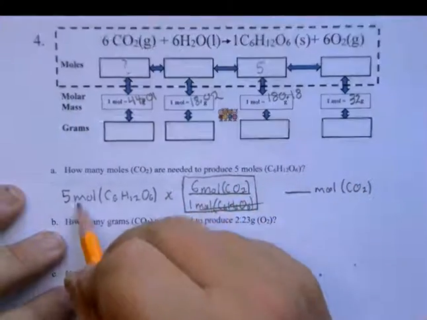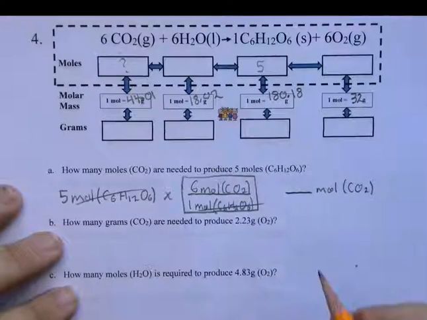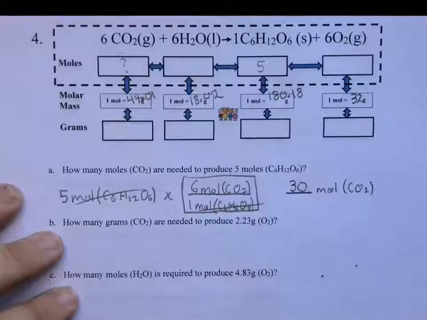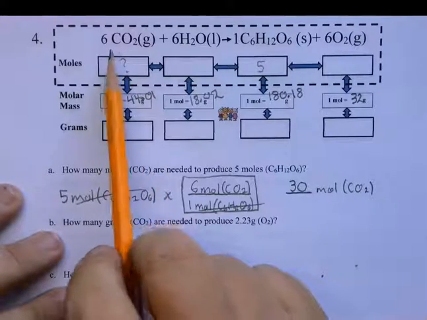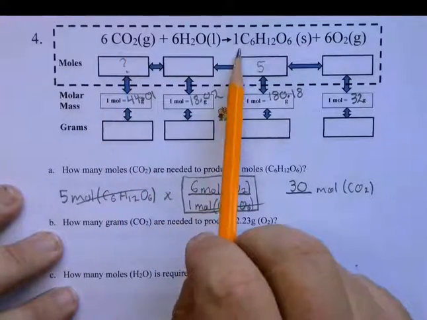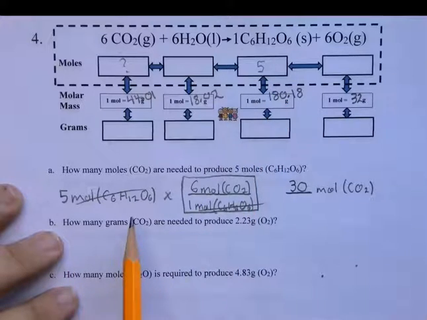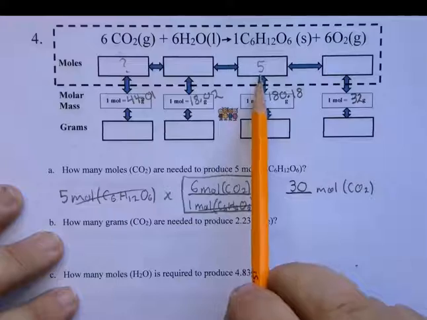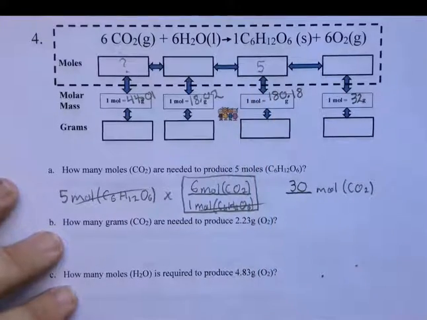Moles of sugar cancels out, and you have 5 times 6 is 30 moles of CO2 are required to do that. In other words, you need 6 times as much CO2 as you want to produce moles of sugar. So if we want to produce 5 moles of sugar, we need to have 6 times that many, or 30 moles of CO2.